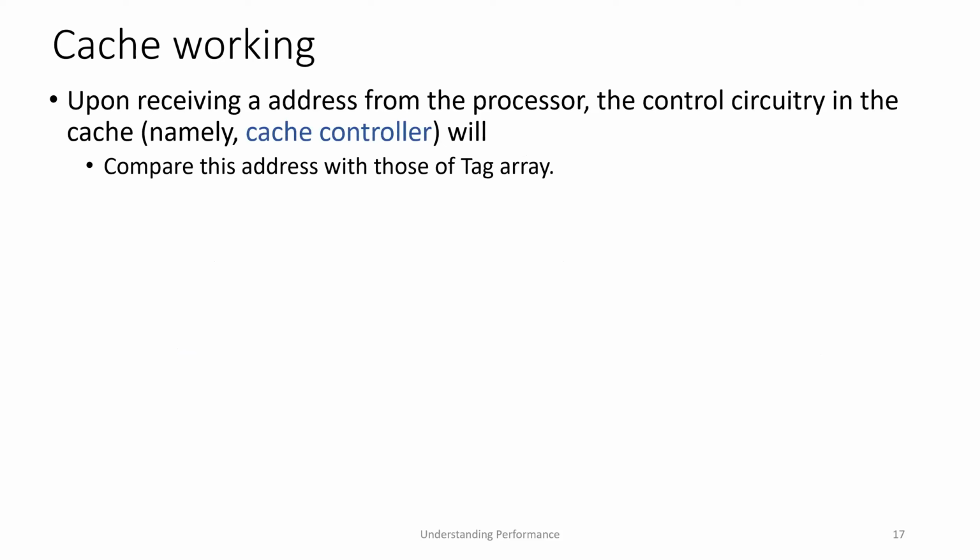Typically, the cache controller is the brain of this cache, you can say. Okay, there is a question from Malti. Is the size of L3 greater than L1? Yes, it is. That's how they are arranged. L1 is smaller than L2, L2 is smaller than L3, and so on and so forth.